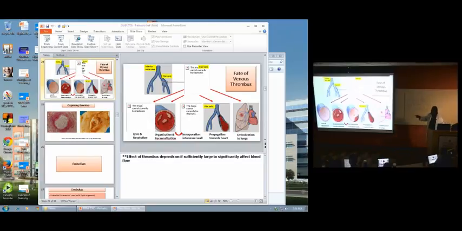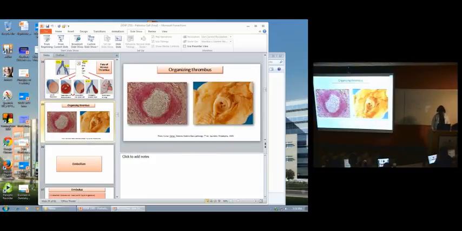That's why you see in this example a venous thrombus to the lung. And this is an example of an organizing thrombus. In the picture to the right, the little holes are where it's trying to recanalize, opening up new channels so that blood can flow through that place again.